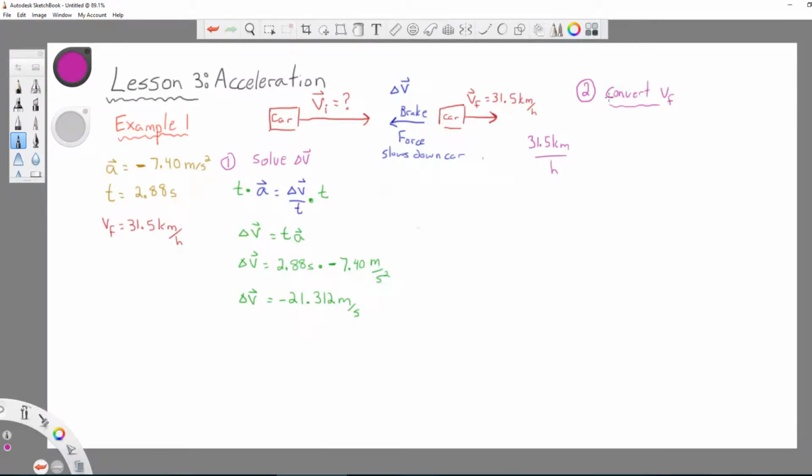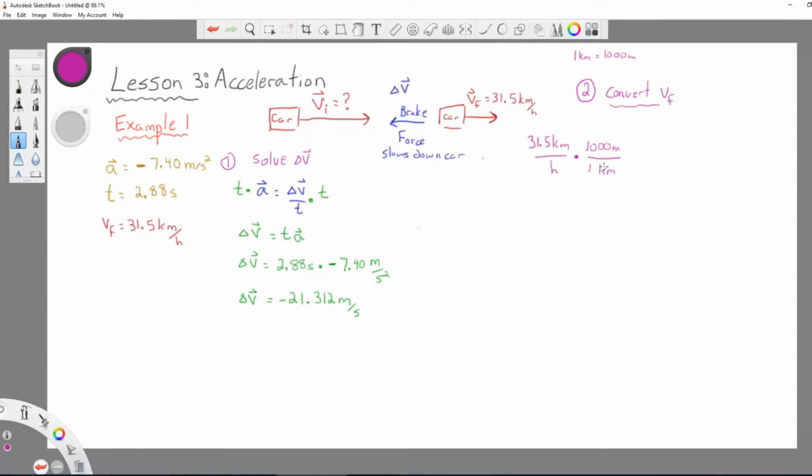And what did we do in the last lesson? Well, we did unit analysis. And we know that in 1 kilometer, we have 1,000 meters. So what we're going to do is multiply by 1,000 meters per kilometer. I'm going to put 1 kilometer here.